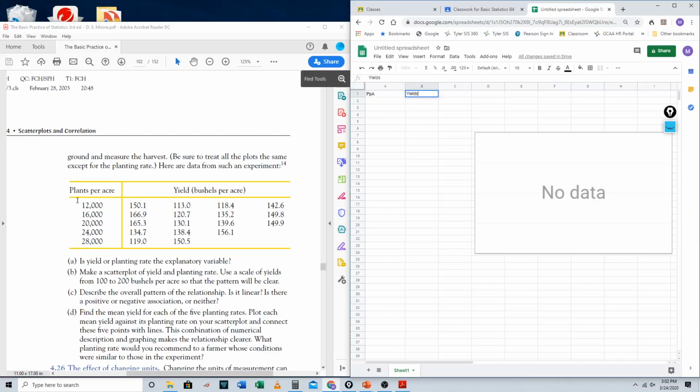Now it said to use everything as 100 to 200. Okay, so use a scale of yields from 100 to 200 bushels, so the pattern will be clear.